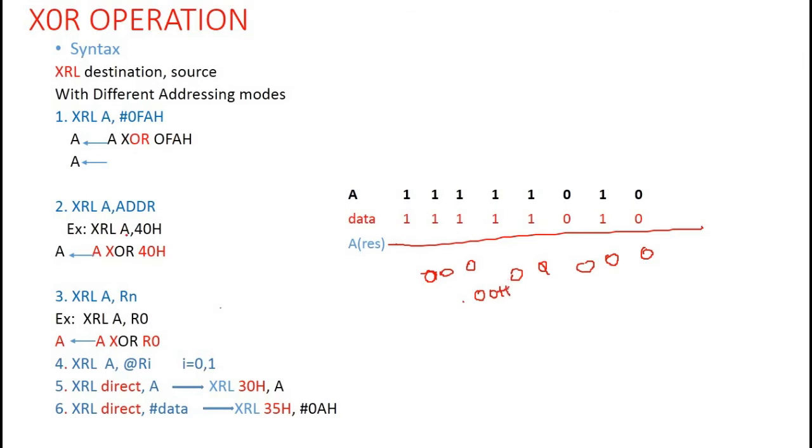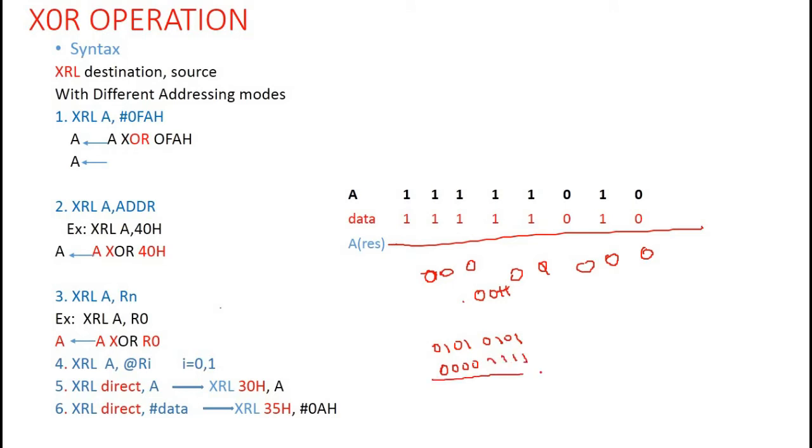Here the XOR operation is between the contents of accumulator and 40H. We will assume that 40H has the data 55H, that is 0101 0101. And we will assume that the accumulator has the data 0FH, that is 0000 1111.